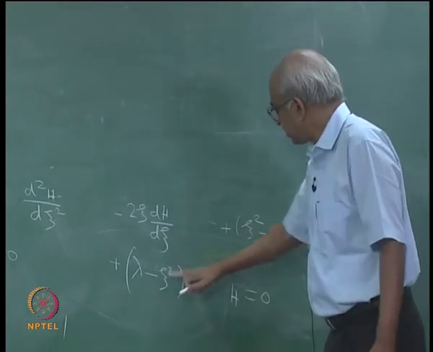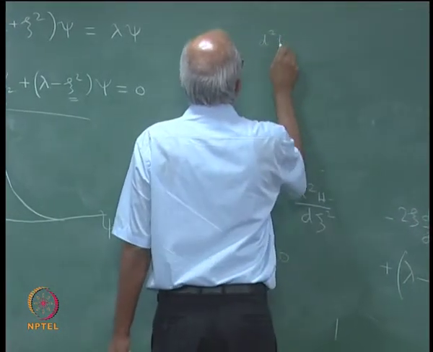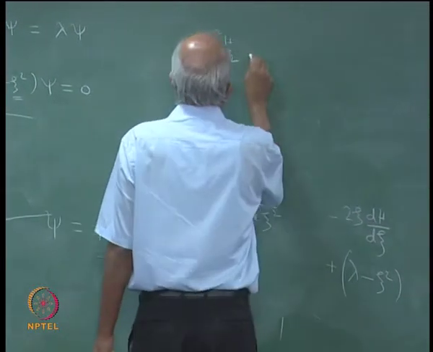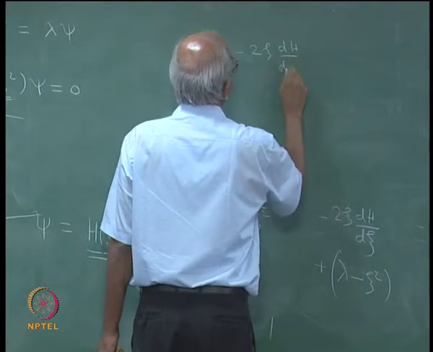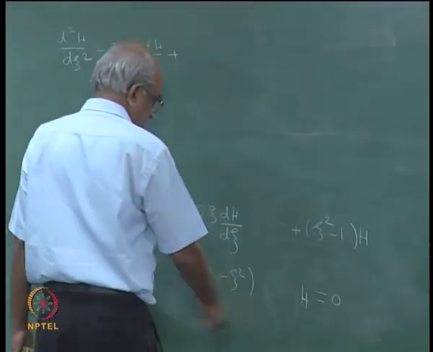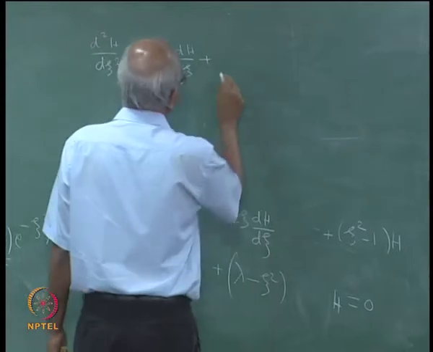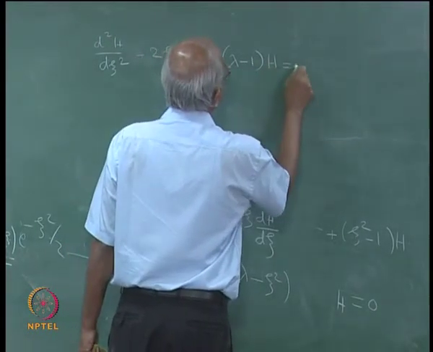So, this term and that term will cancel, and I will be left with d square H by dc square minus 2c dH by dc plus, what do I have left? This and that will cancel. So, I would have lambda minus 1 H is equal to 0.